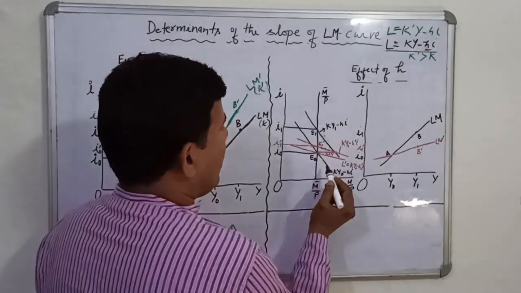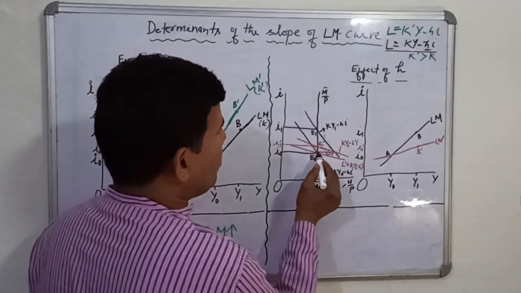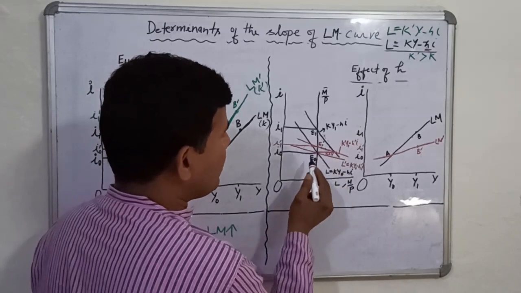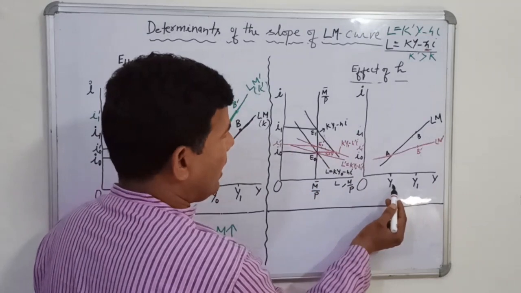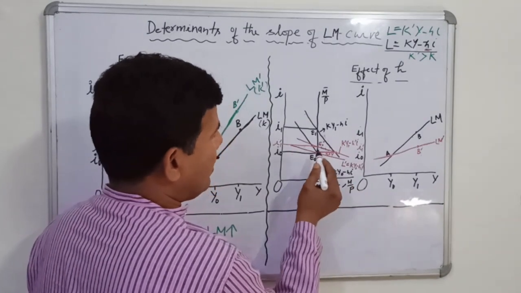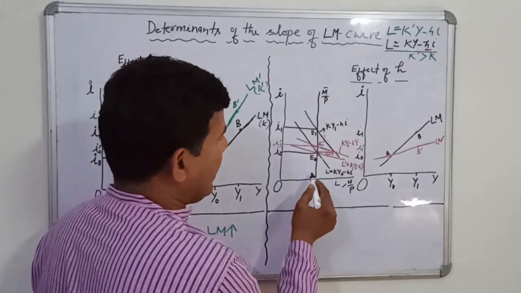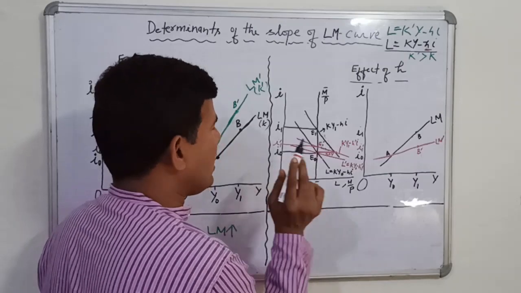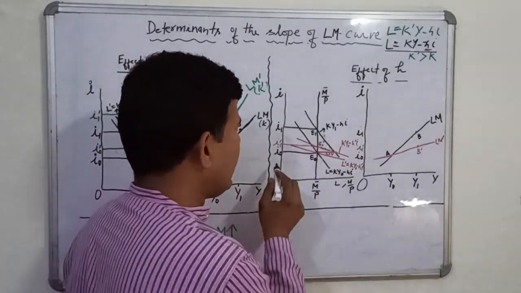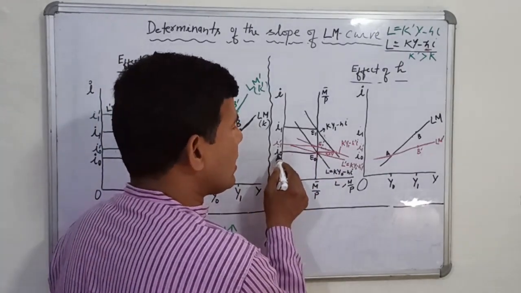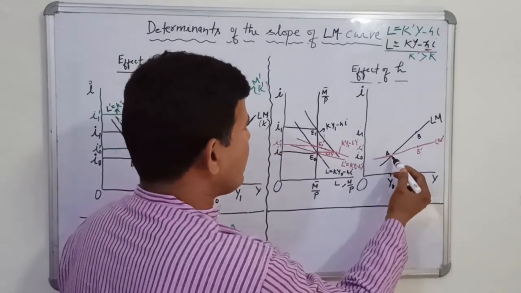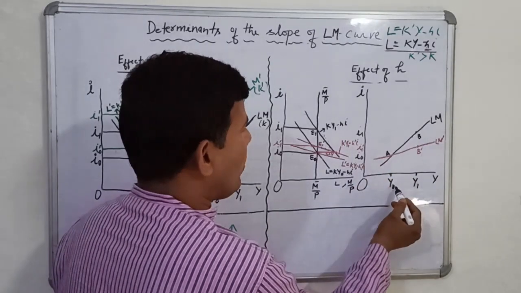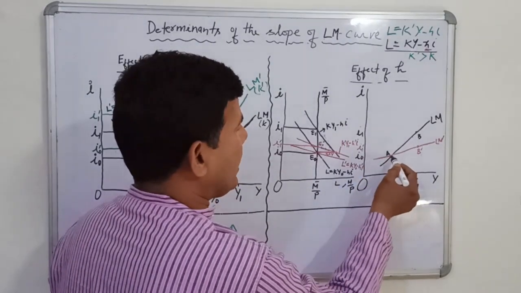So we get the equilibrium point at E0, because the money demand line corresponding to Y0 at this value of H intersects the money supply line at E0, and that gives us the equilibrium interest rate I0, right? So this I0 is associated with which equilibrium level of income? Y0. So we get a combination of Y0 and I0 at point A, right?